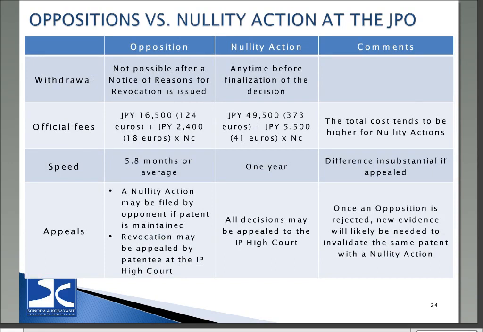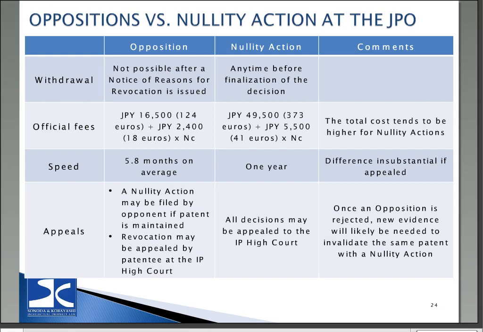And with regard to a withdrawal, there is a difference. You cannot withdraw your opposition after the Board of Appeal issues a notice of reason for revocation. And a nullity action can be withdrawn any time before the finalization of the decision.